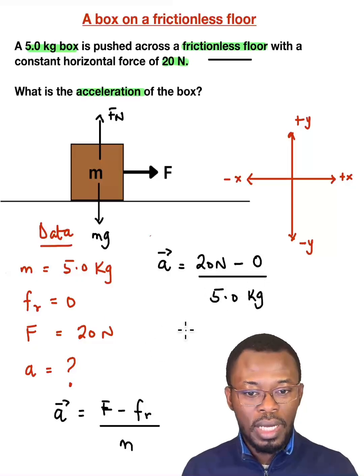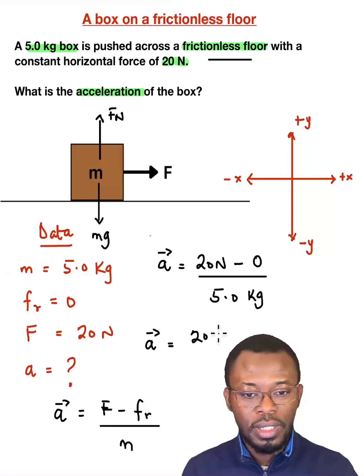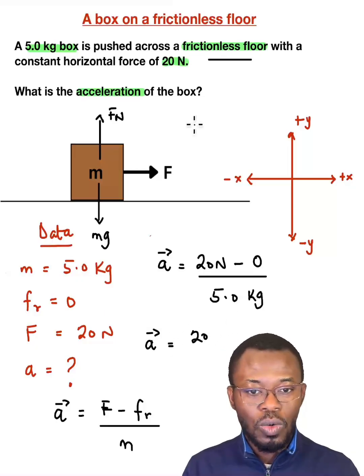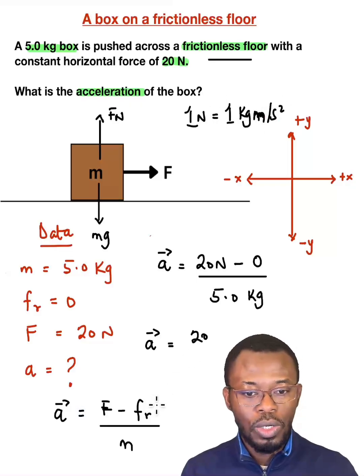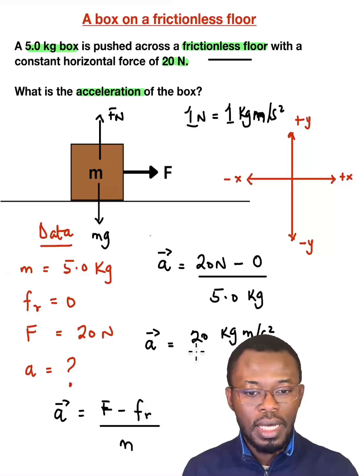Now we can simplify this. The acceleration is equal to 20 newtons, and 1 newton is equal to 1 kilogram meter per second squared. So we have kilogram meters per second squared divided by 5 kilograms.